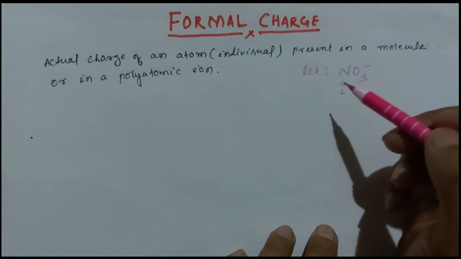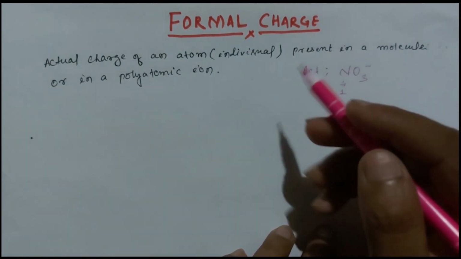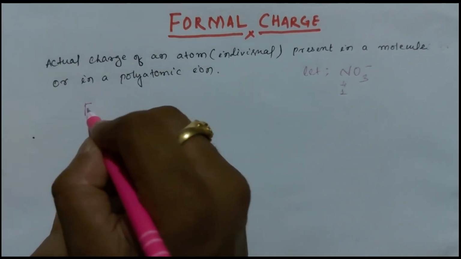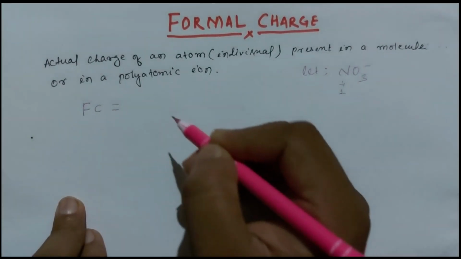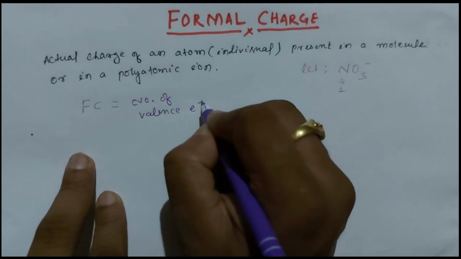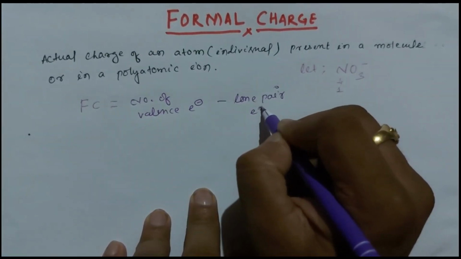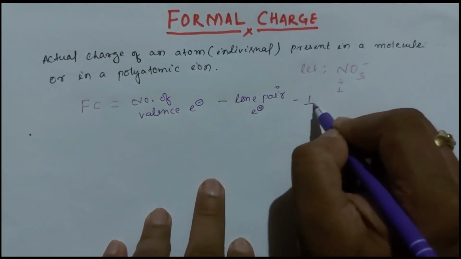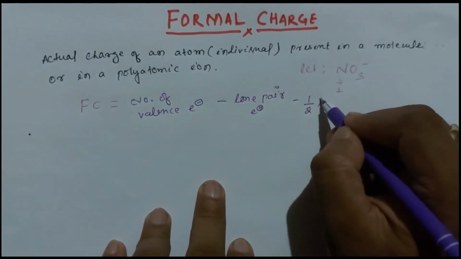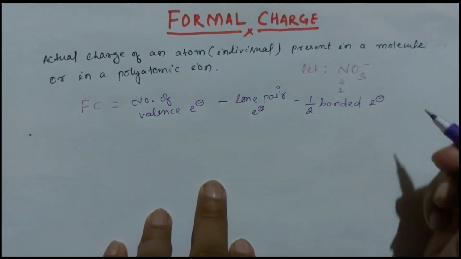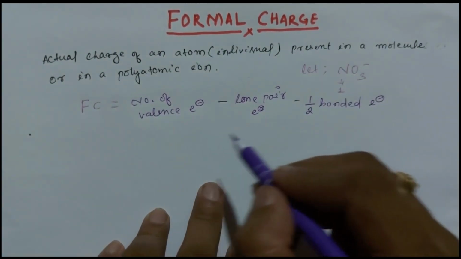First you have to know the formula of the formal charge. Formal charge is equal to number of valence electrons minus lone pair electrons minus half of bonded electrons. Remember this formula.